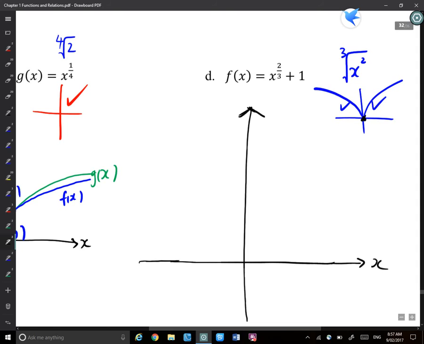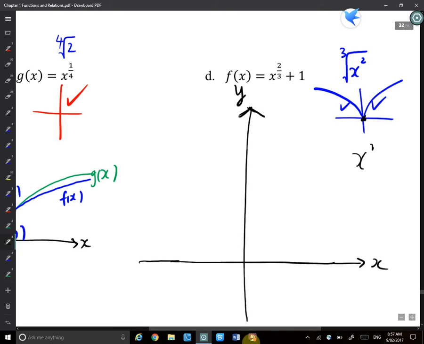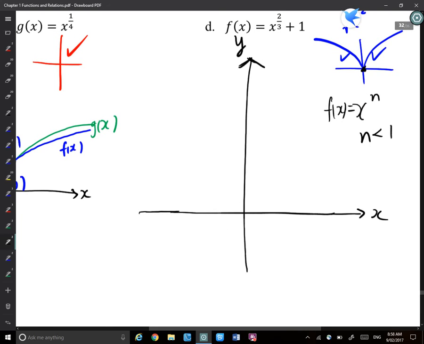A little bit revision from last year. If you want to derive this function at the point x equals 0, there's no gradient there because the tangent is a vertical tangent. If f(x) equals x to the power of n, and n is smaller than 1, then f dash 0 is undefined.